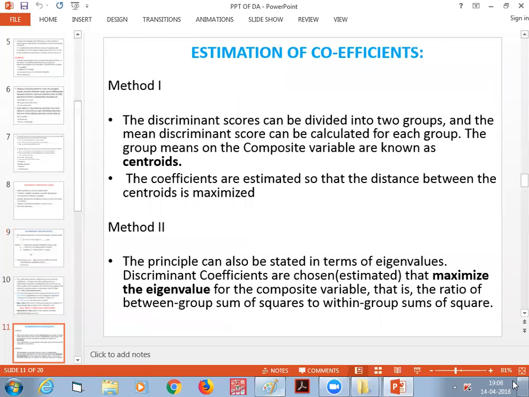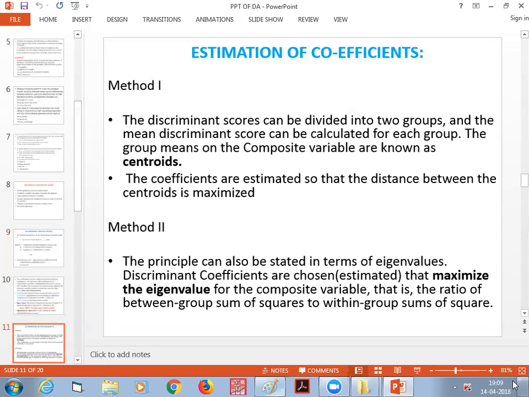Method 1, method 2. Okay. So what is the first method? Method 1.